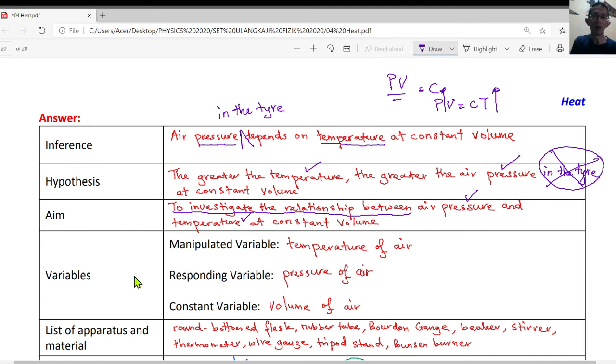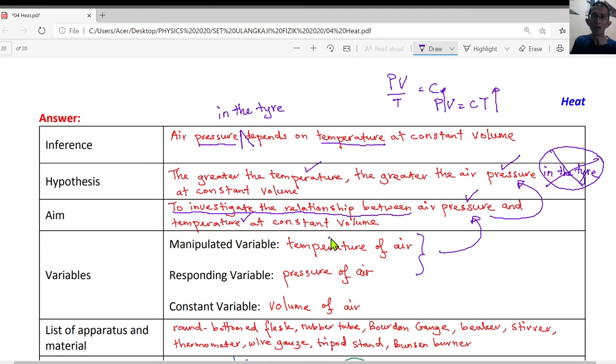So what are my variables? My manipulated variable and my responding variable refer back to my aim, and they also refer back to my hypothesis. Between pressure and temperature, which one is your manipulated variable? If I write my temperature as my manipulated variable, then pressure must become my responding variable.